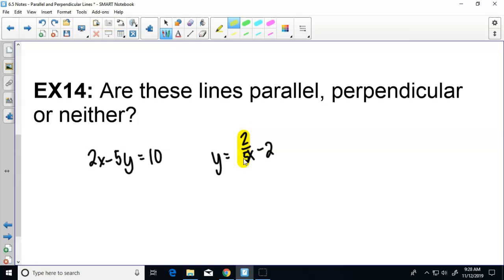We don't have the slope for the other one. So Gabe, what would I do to find the slope for that first line? Good, I'll subtract 2x. So negative 5y equals negative 2x plus 10. All right, what would I do next, Gabe? Almost. What kind of 5 should I divide by? Negative 5.